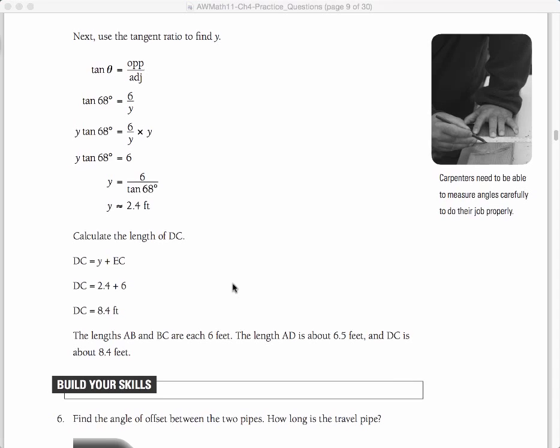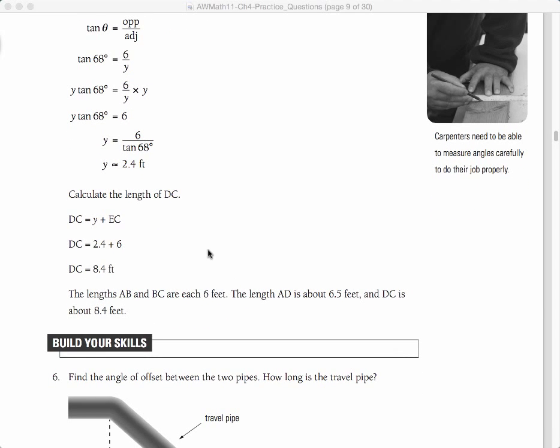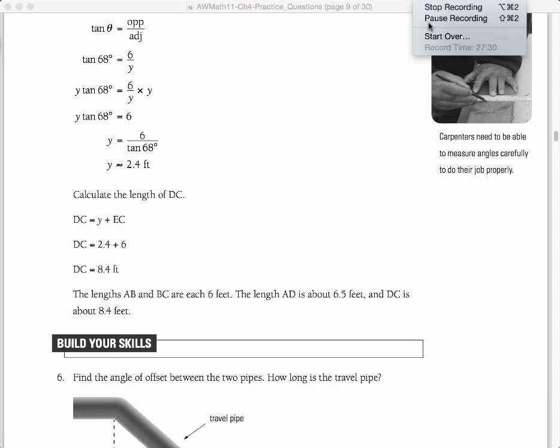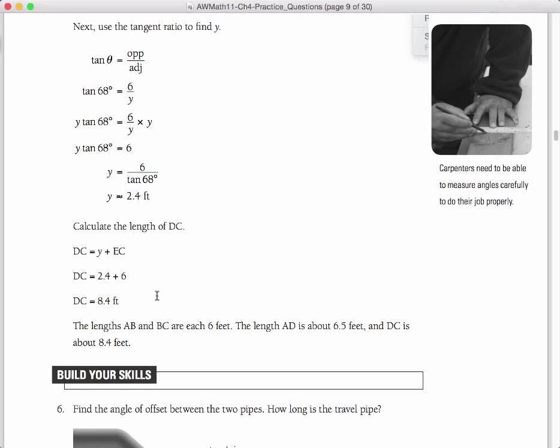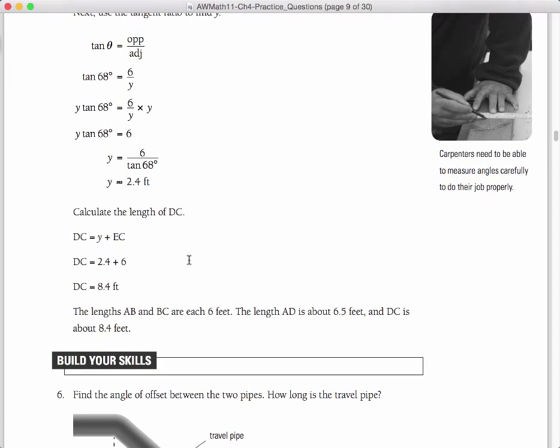And final answer here is, there we go, it's 8.4. That can't quite be right, can it? Let's pause the... Oh, sorry about that. They were just asking about the dimensions, not the perimeter, which I thought it was. I misread the question. So there you have it.